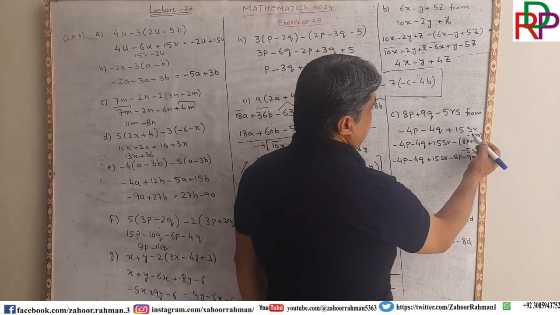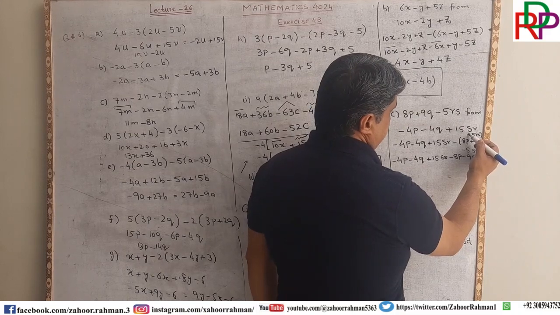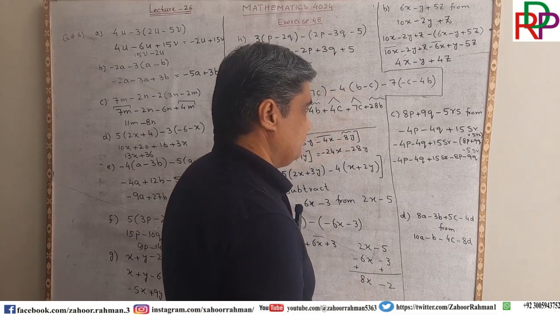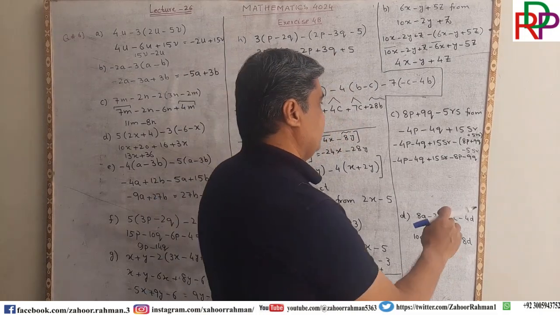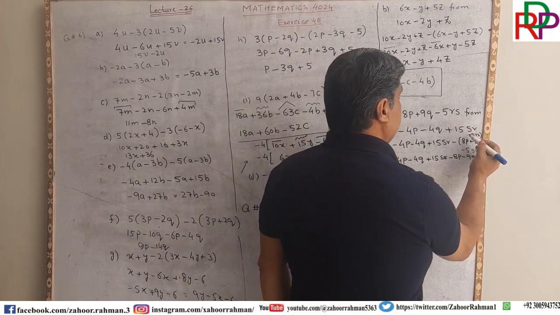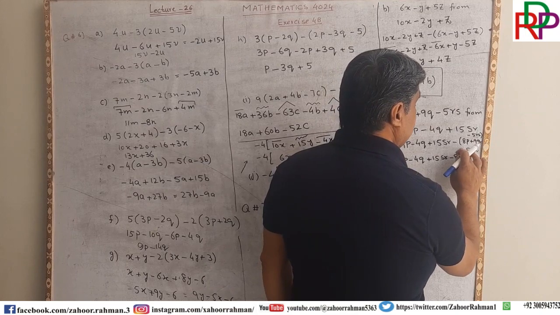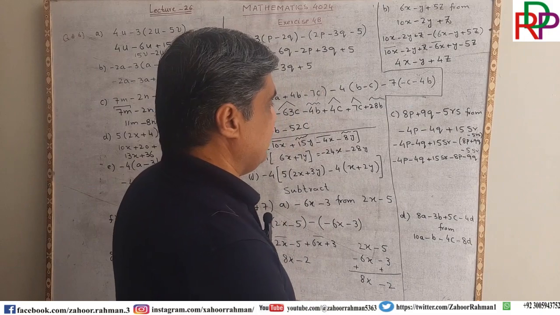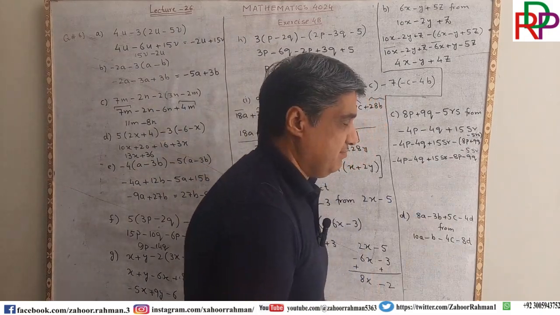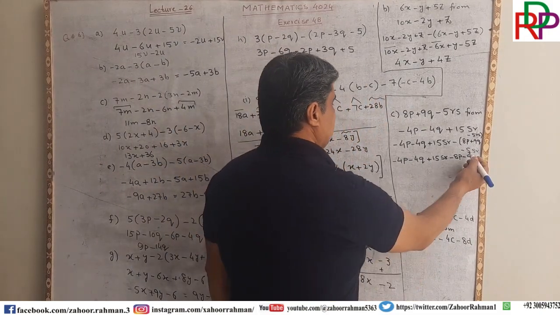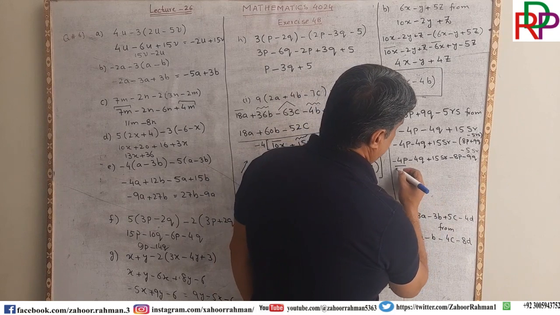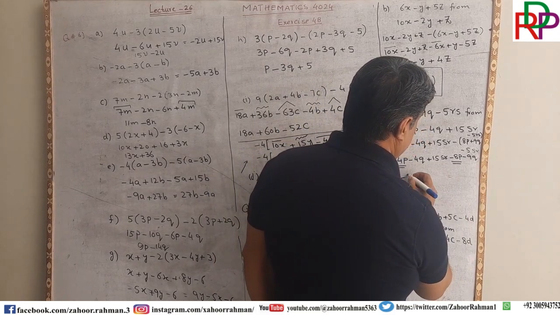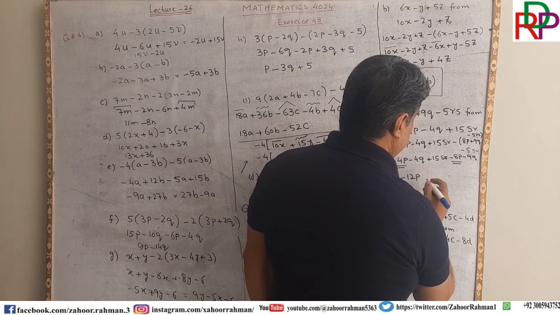So here you can see that this is plus. I have to change the sign. Okay, not here. I will change it here. So the sign is changed here. Minus 4p and minus 8p will give you minus 12p.